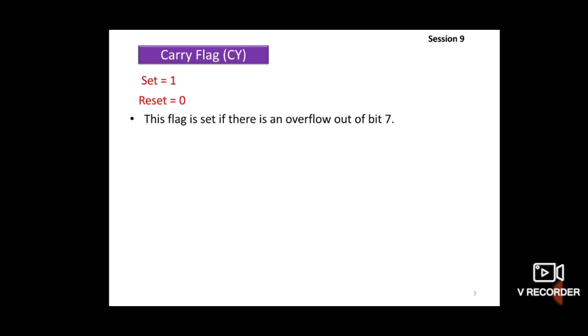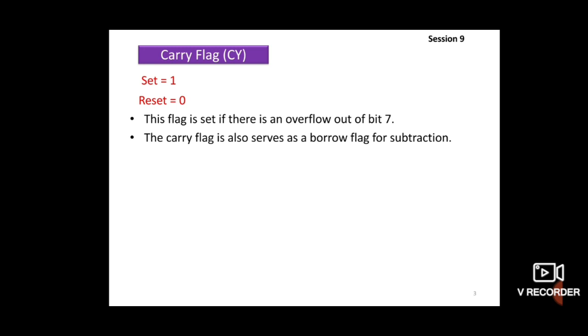Listen properly. This flag is set if there is an overflow out of bit 7. It means if a ninth bit is created after D7, then the carry flag is set.